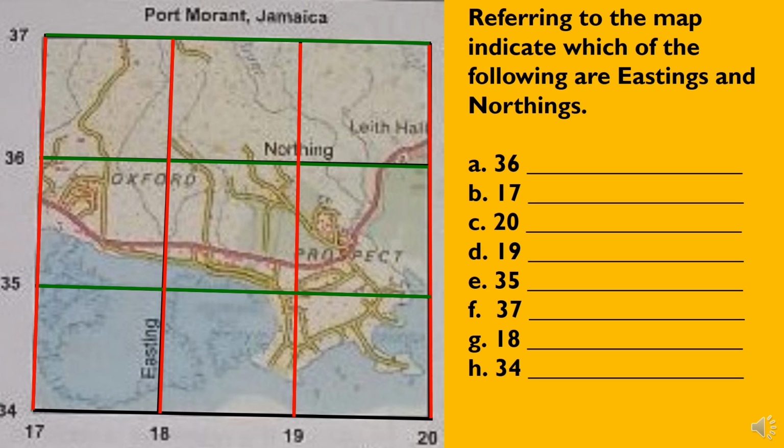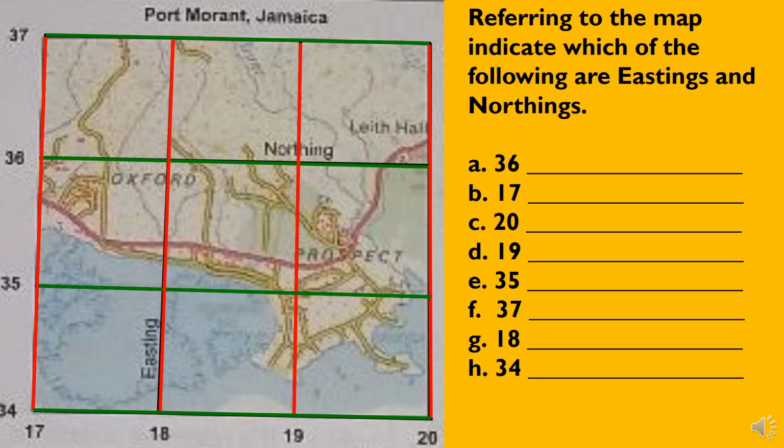As you can see, it is a numbered vertical line. And the last one, 34. It's also a northing, just like 35, 36, and 37. It too is a numbered horizontal line.